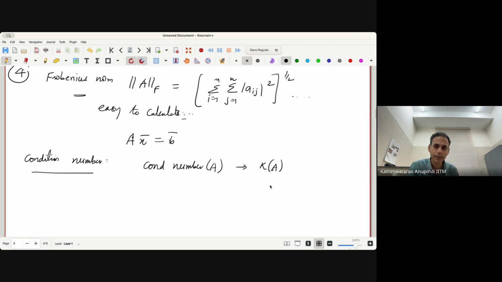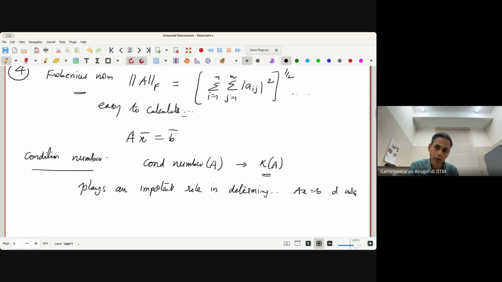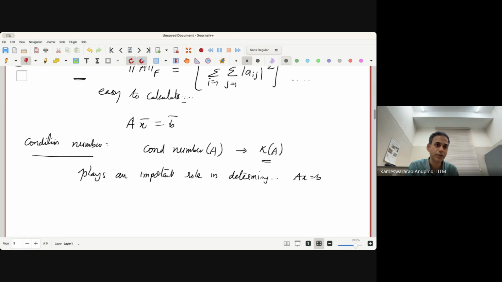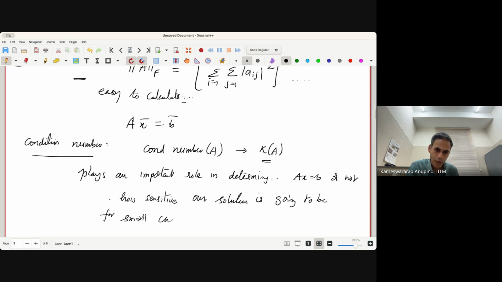It appears that this condition number plays an important role in determining whether we will be able to solve Ax equal to b or not, and also how sensitive our solution is going to be for small changes in the right hand side vector b.